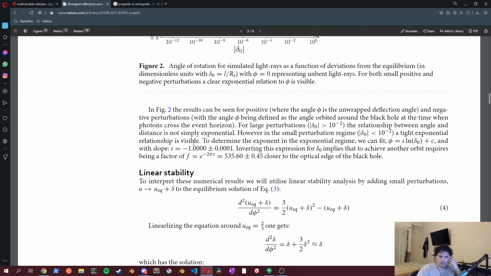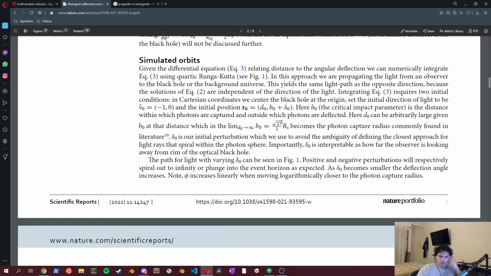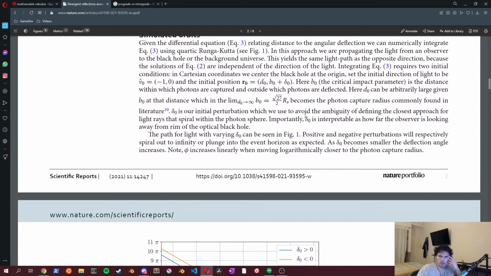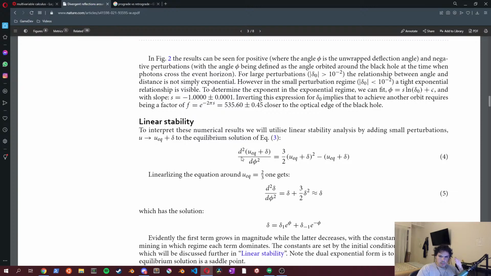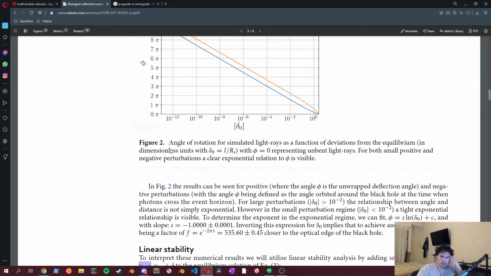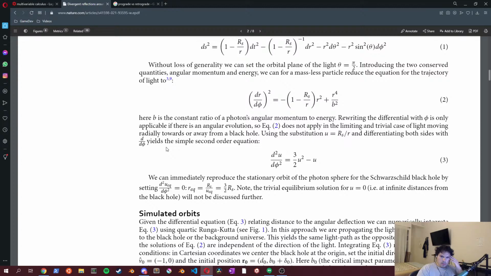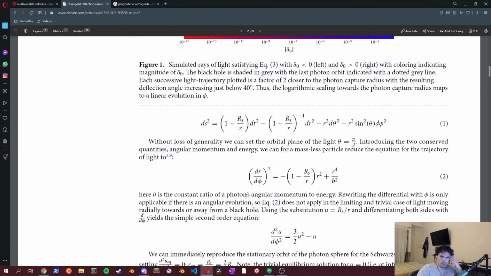So u again was this unitless thing, right? Unitless distance from the, or sorry, 1 over the number of radiuses away that you are.